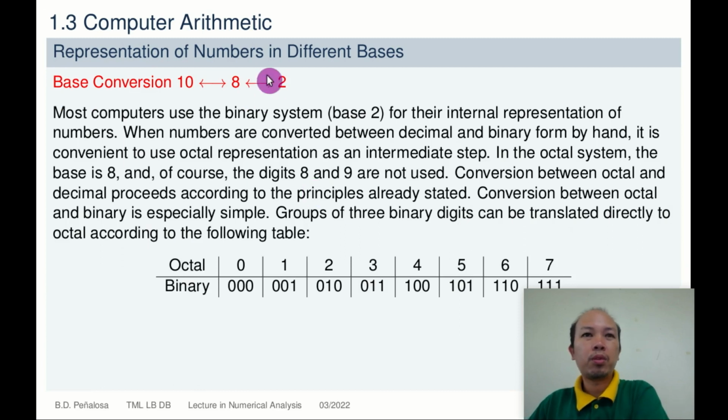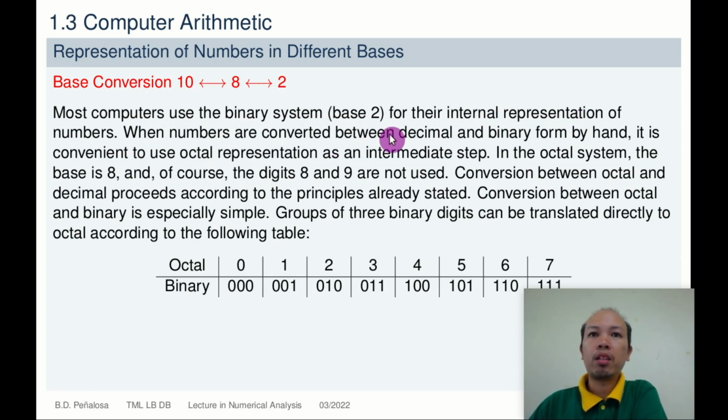Okay, so for the next topic we have base conversion from 10 to 8 or to 2. This is much easier if you follow this method. Most computers use the binary system, base 2, for their internal representation of numbers.